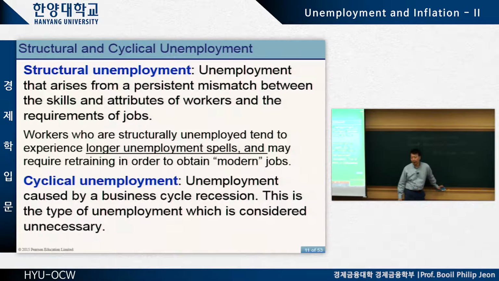That is considered structural unemployment too, because that unemployment is caused by industrial change. The size of the textile industry decreased, and the demand for textile workers in the United States disappeared. So the textile workers are unemployed. That is structural unemployment, because it is related to changes in the industrial structure.